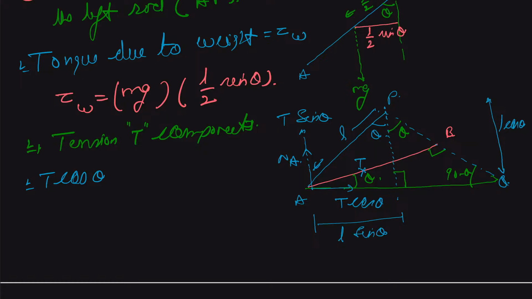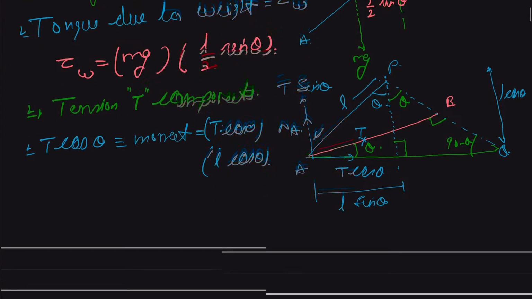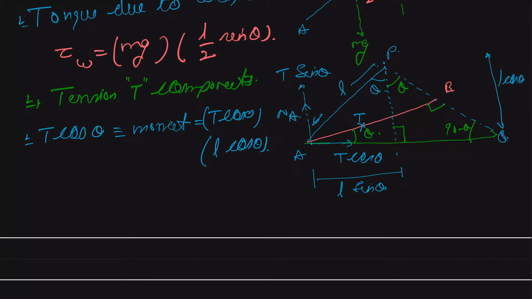So this T cos of theta is going to produce a moment, and that moment will be equal to T cos of theta multiplied by L cos of theta. T cos of theta times L cos of theta. Okay. So this can be written as TL cos square theta.